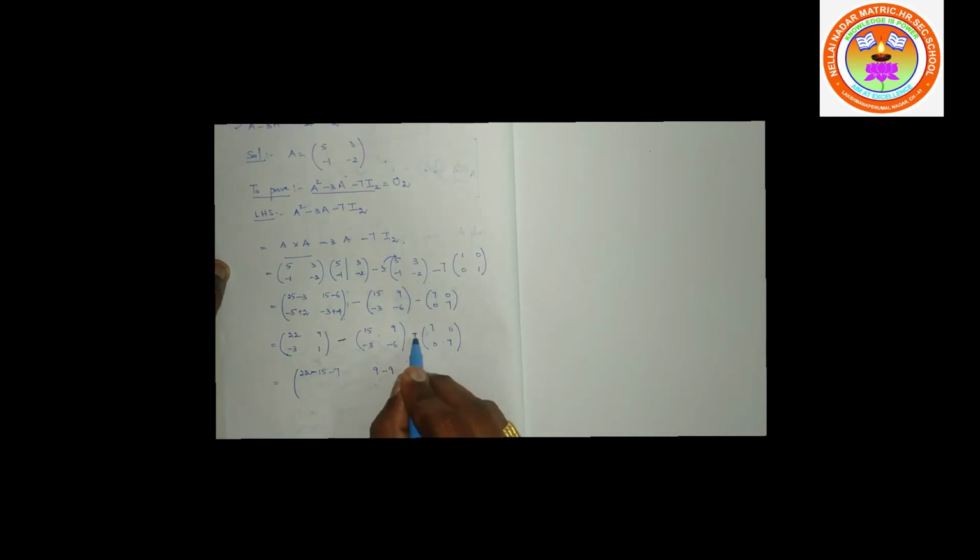Take this element: 9, minus 9, minus 0. Next, minus 3, minus 3, minus into minus plus 3, minus 0. Next, 1, minus into minus plus, so plus 6, this is minus 7.